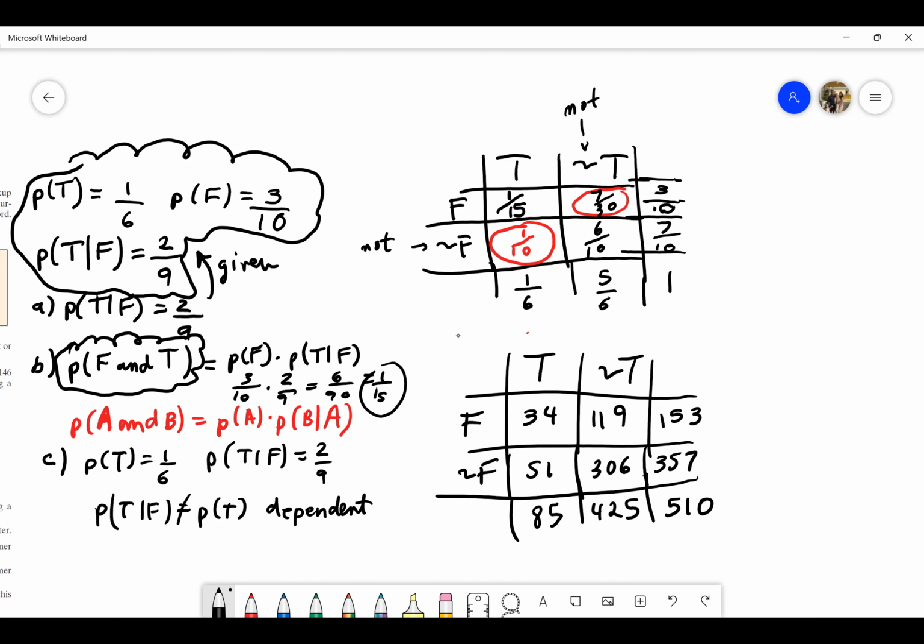And look what we've done. We began with 3 pieces of information, and we ended back with a survey.